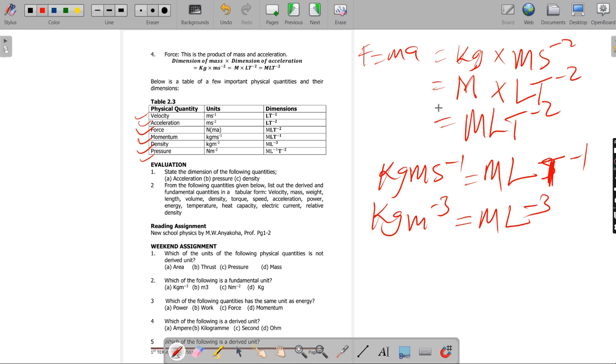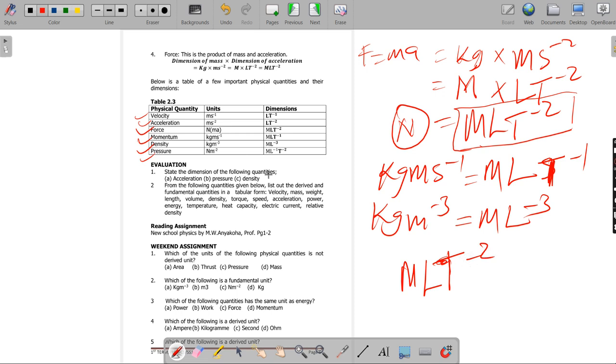Pressure is Newton per meter square. Newton, remember, Newton is what? This is Newton here. Now, but observe something. There's something unique here. So we have Newton, which is MLT minus 2, right? But this is per meter square. That is over meter square, and meter square is L square. So this L will cancel itself.